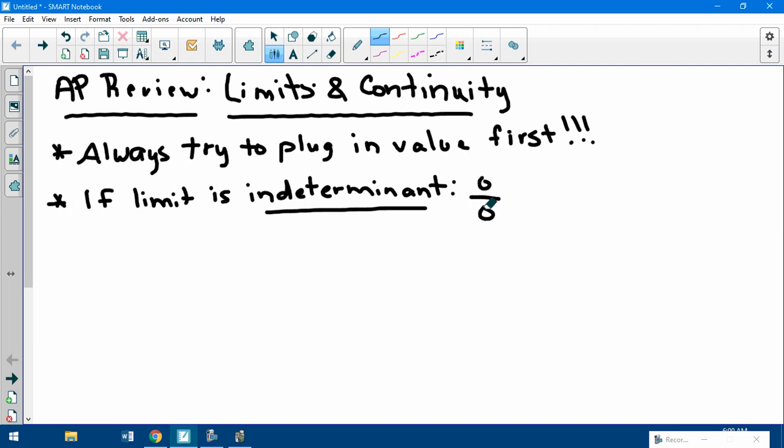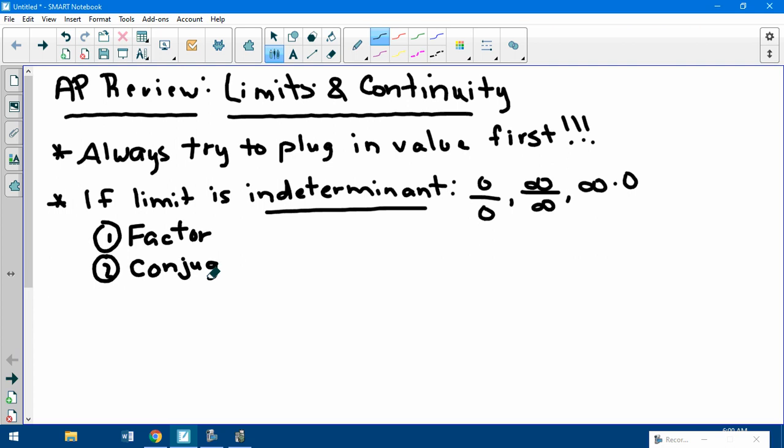But other indeterminate forms are infinity over infinity and infinity times 0. So if one of those comes out, one thing you can do, and probably the first thing you did in pre-calc, was try to factor it. If it's set up that way, you can try to multiply by the conjugate. Those are usually radicals, or sometimes trig equations are like that.